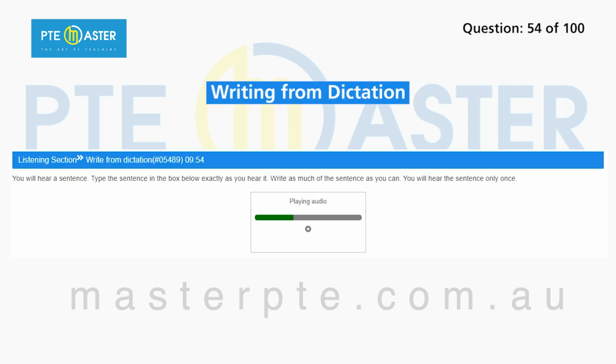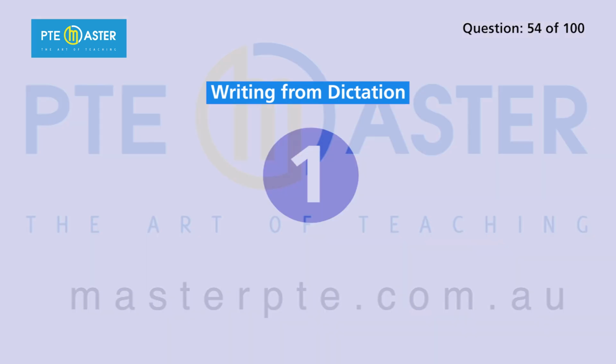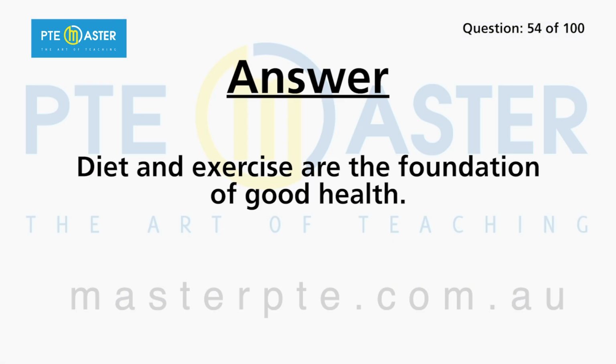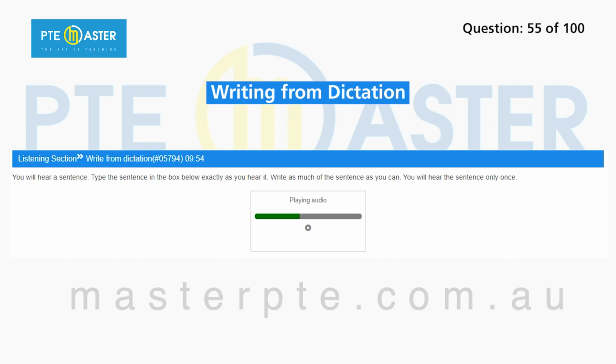Diet and exercise are the foundation of good health. The weather used to be lovely at this time of the year.